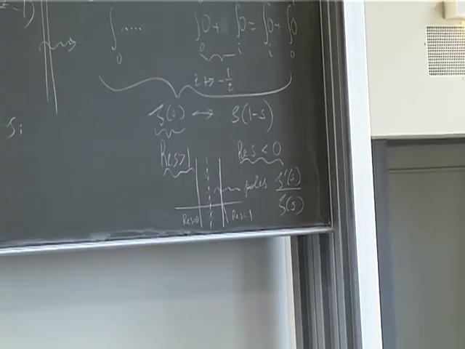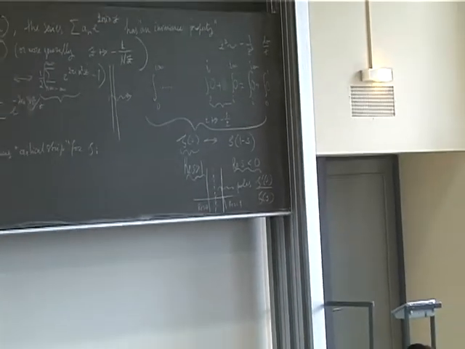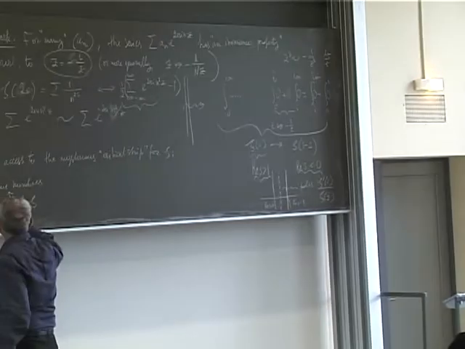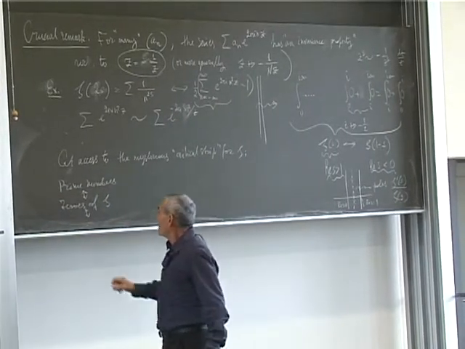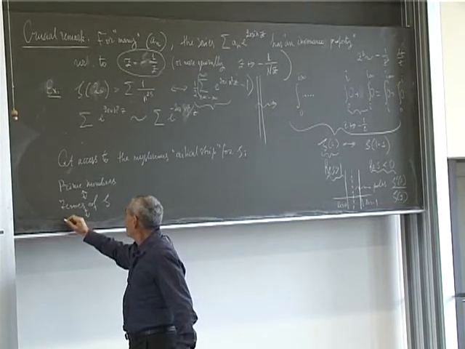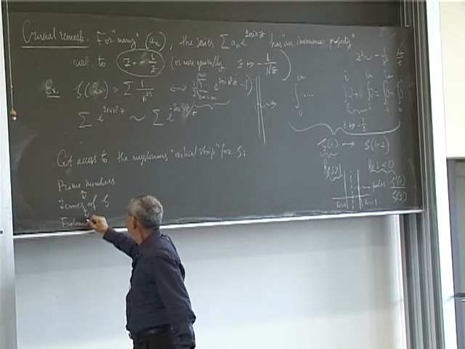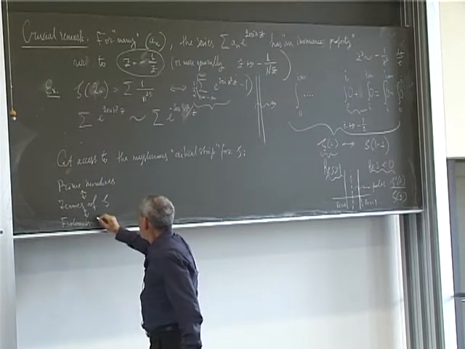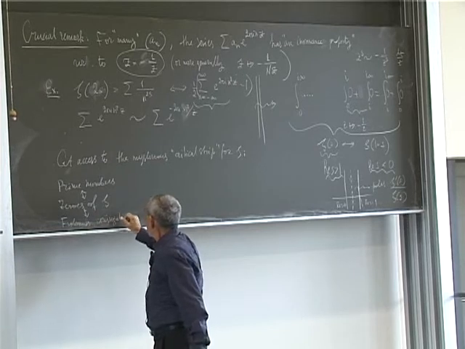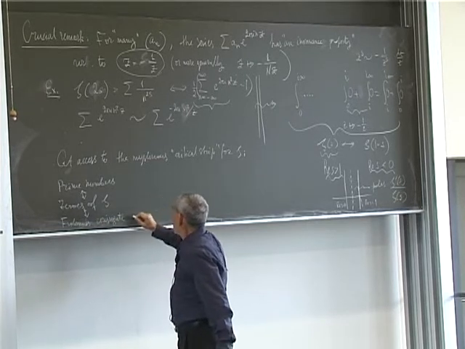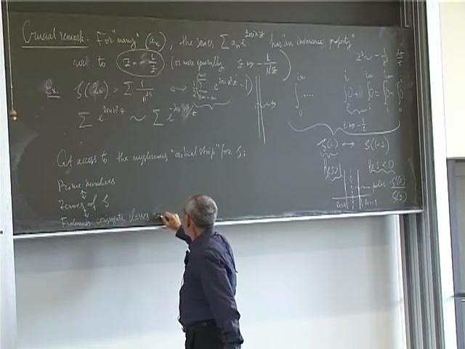Prime numbers, zeros of zeta, and there is one more about which I will not have much to say during this lecture, but you should always keep this in mind, namely Frobenius classes of conjugate elements of Frobenius in the absolute Galois group.